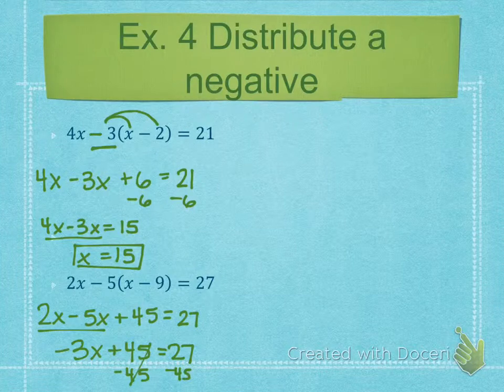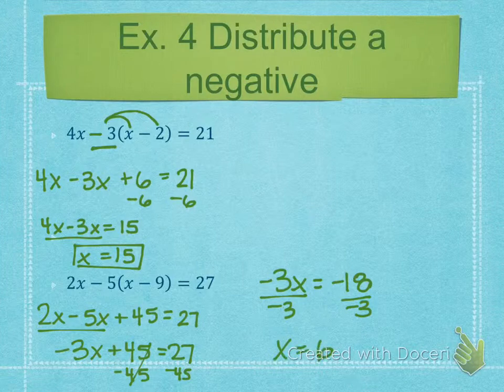And now I've got negative 3x is equal to negative 18. What would I do now, Betty? Divide by negative 3 on both sides. And I get x is equal to positive 6. Two negatives in a fraction make a positive. Don't forget about that, okay?